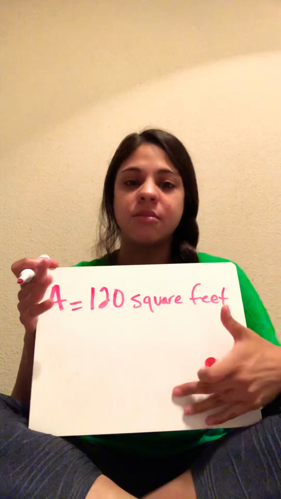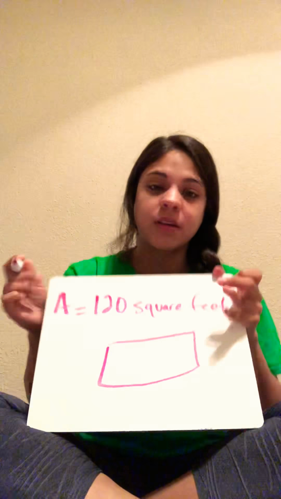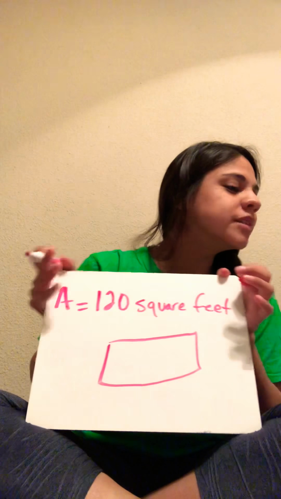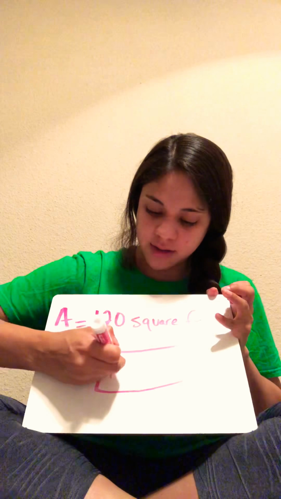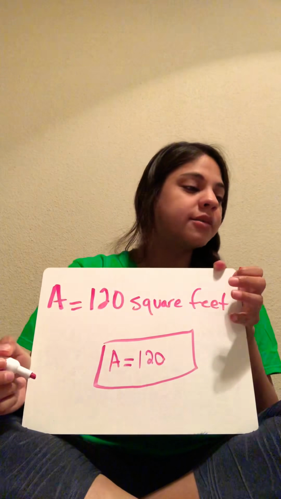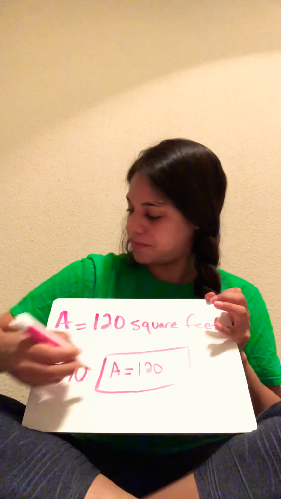So you should already be thinking, hey, I need a model, or I need to draw it in, all right? Excuse my shape, it's a little loopy. So I know that the area is 120 square feet. Okay. Now I know that the width is 10 feet.